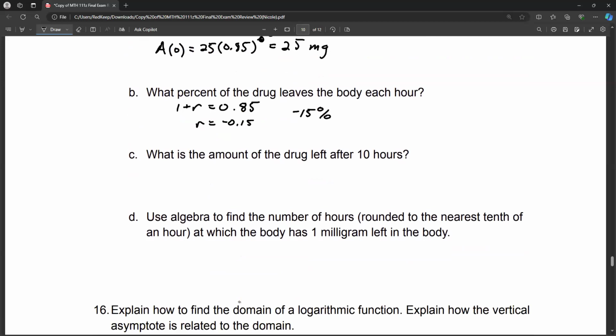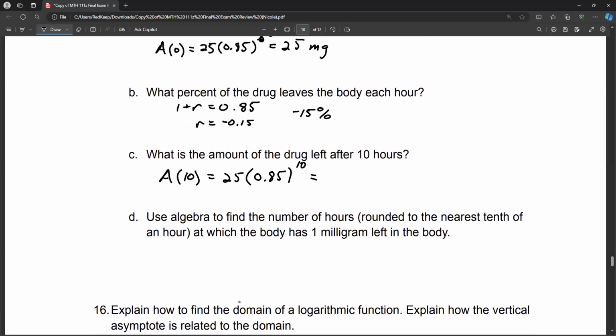Part C, what is the amount of the drug left after 10 hours? This just requires us to evaluate 10 in the equation given, because t is time in hours.